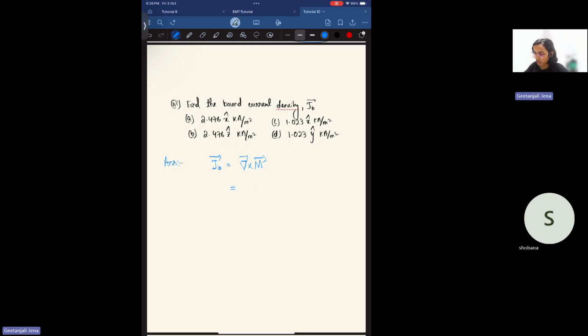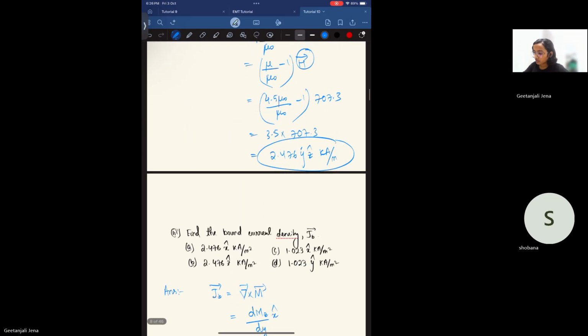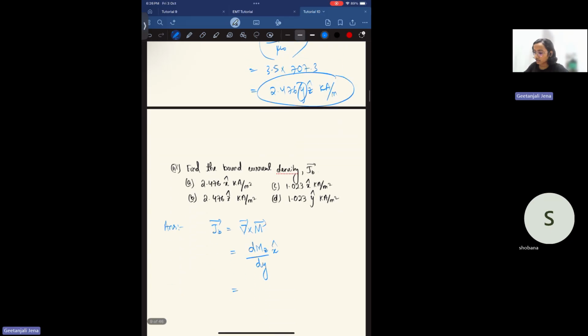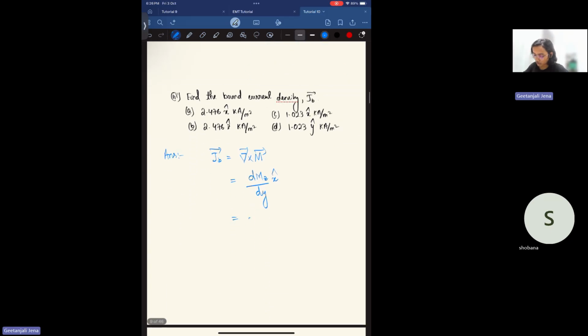So this will come out as dMz by dy, in the x direction. There will be a y here, so this will give 2.476 x k-hat kilo ampere per meter square. So that means the answer should be option A.